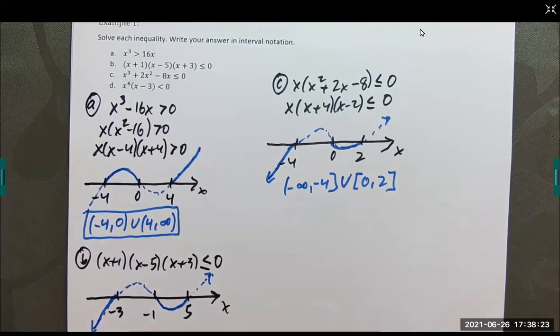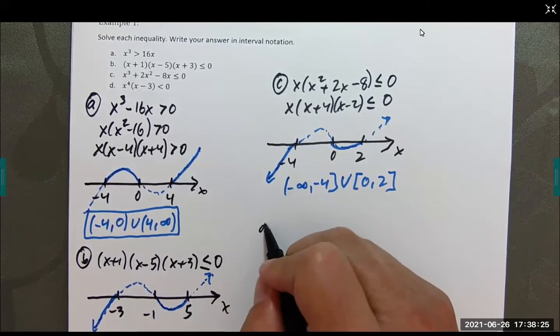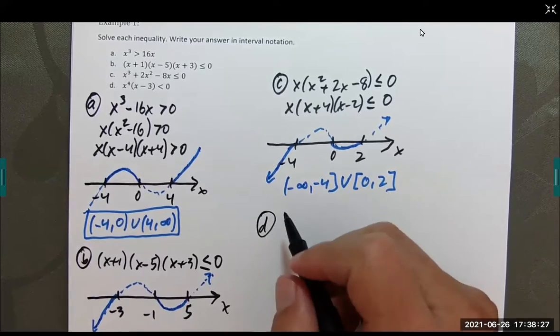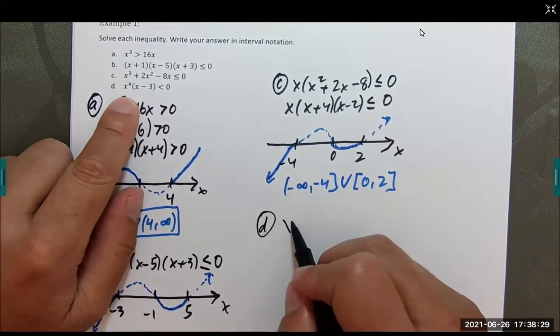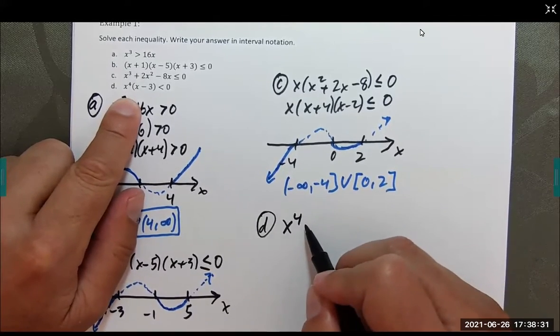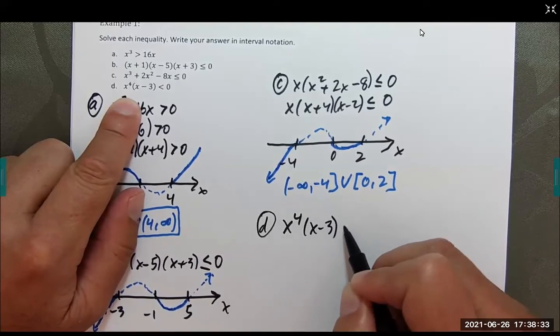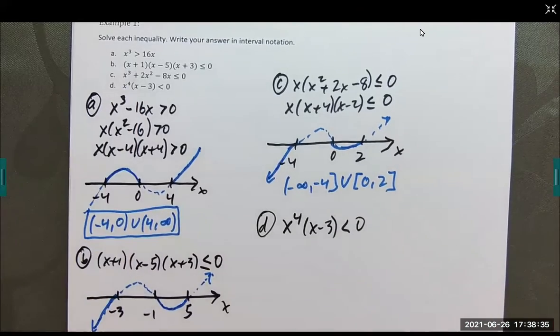D, we have x to the 4th, and then x minus 3 less than 0. Now, the 4th power is going to make it bounce.